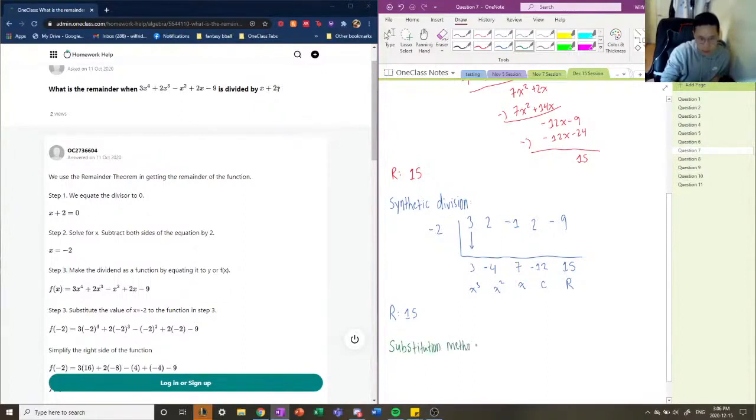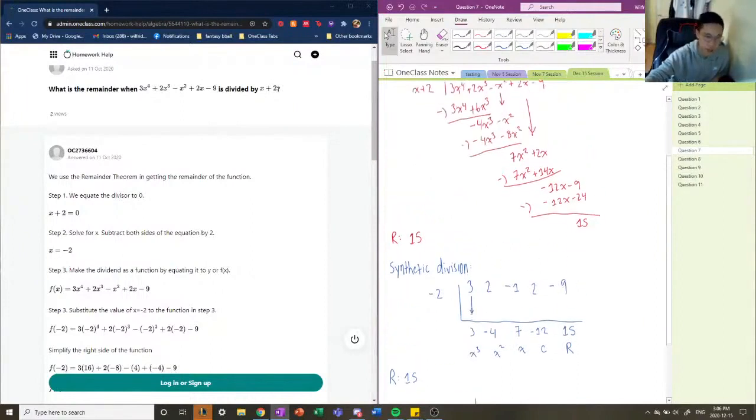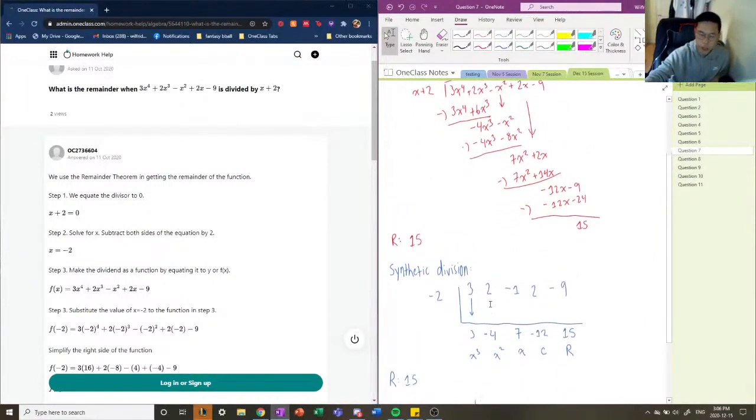In the substitution method, they take the zero of the divisor and just sub it into the polynomial because they know there's going to be a remainder. So this whole talk about long division or synthetic division is to test whether your proposed factor is indeed a factor.